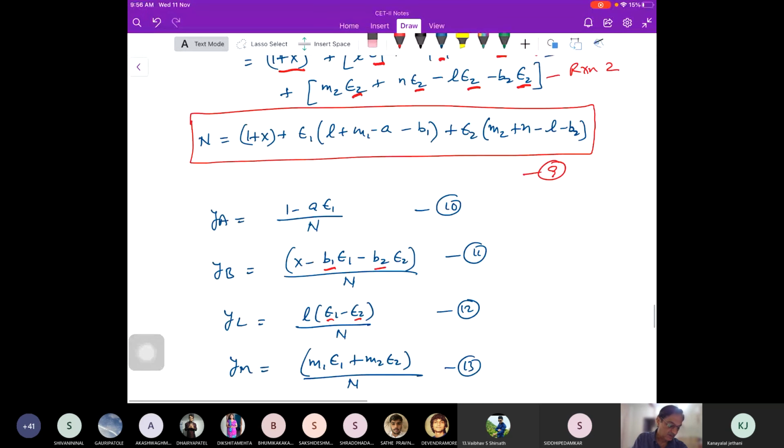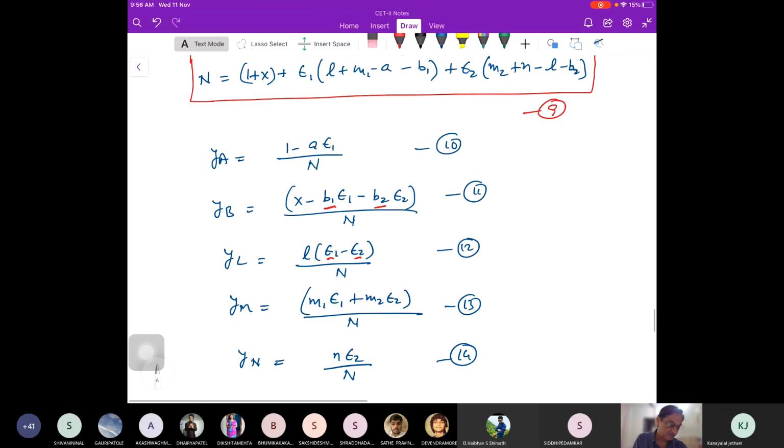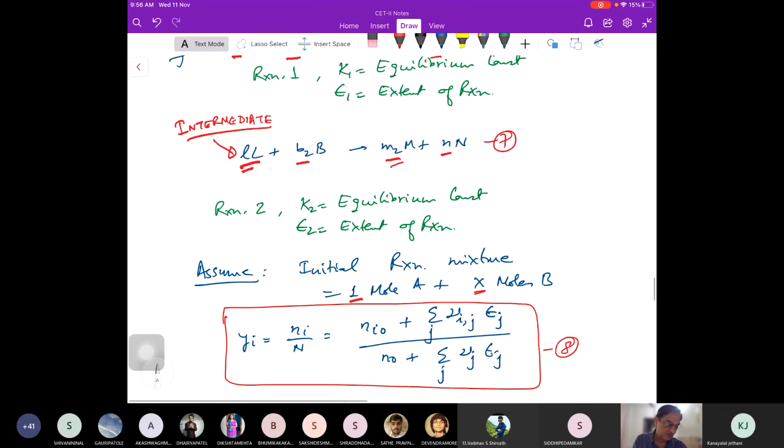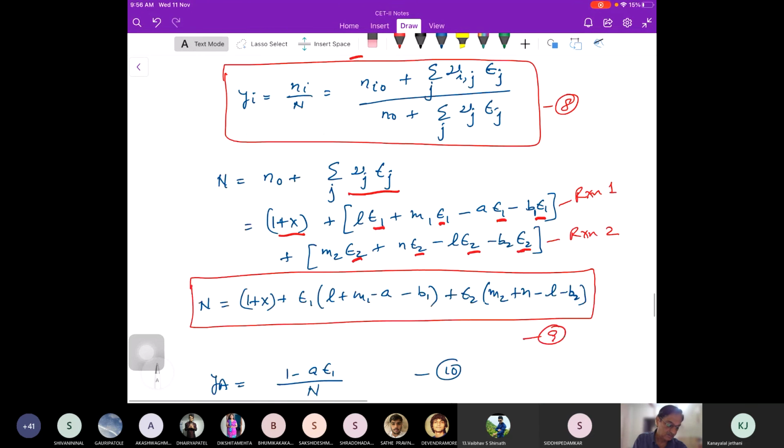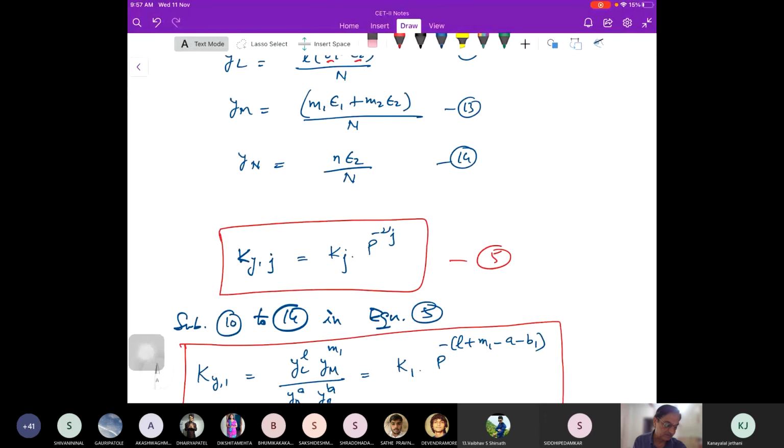So you get y of M is equal to M1 into epsilon 1 plus M2 into epsilon 2 upon n, and yN is formed only in the second reaction, so you get only one term: yN is equal to N into epsilon 2 upon n. So these are all the mole fractions for all the components, and we have seen that Ky of the jth reaction is equal to Kj into P raised to minus nu j.